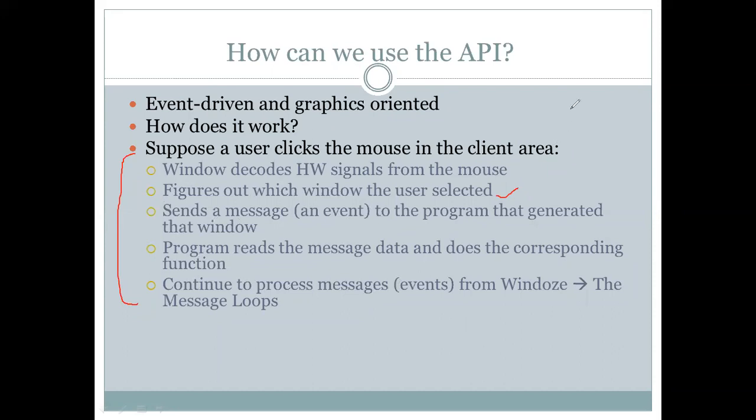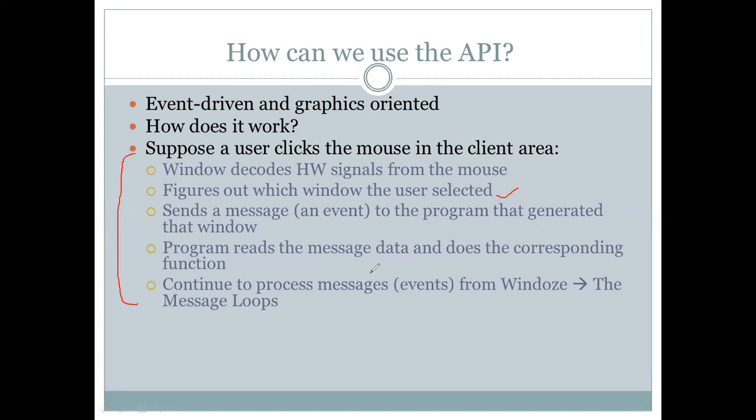Suppose one event is completed, the user will use another event, and again it will decode the hardware signal. Once it gets a new event, it will again decode the hardware signal, then figure out which function of Windows the user has selected. Then it will find the event in terms of message corresponding to a particular function.